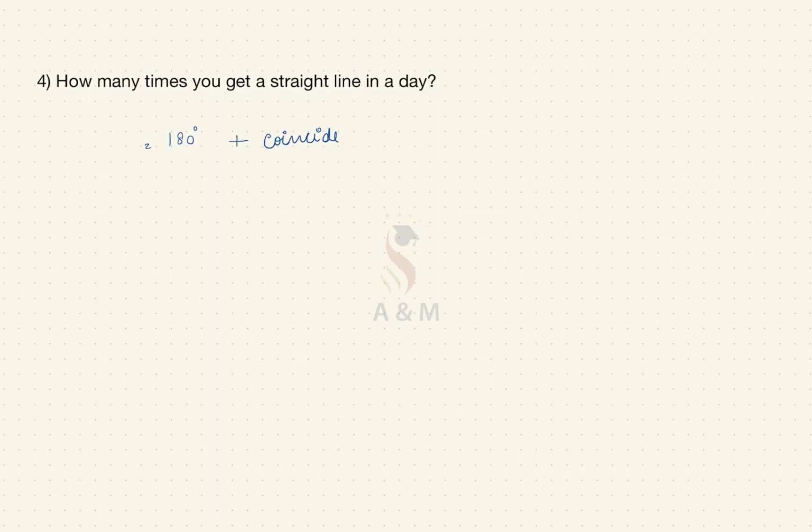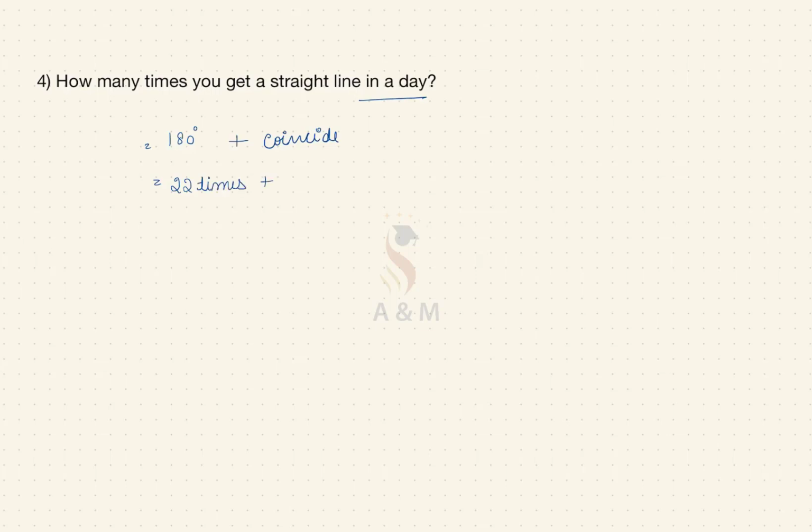Then what about the right angle? No, a right angle cannot be considered a straight line. You know it, right? So 180 degrees. In a day, that means for 24 hours, how many times do you get 180 degrees? You get 22 times.